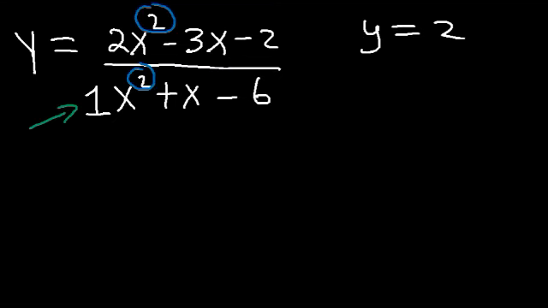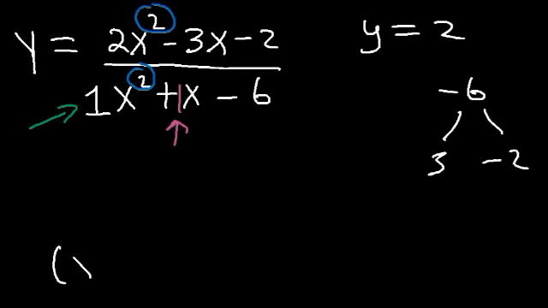In such a situation, what you need to do is find two numbers that multiply to negative 6 but add to the middle coefficient of 1. So what two numbers multiply to negative 6 but add to 1? This is 3 and negative 2. 3 times negative 2 is negative 6, but 3 plus negative 2 is positive 1. So the bottom part is simply going to be (x plus 3) times (x minus 2).